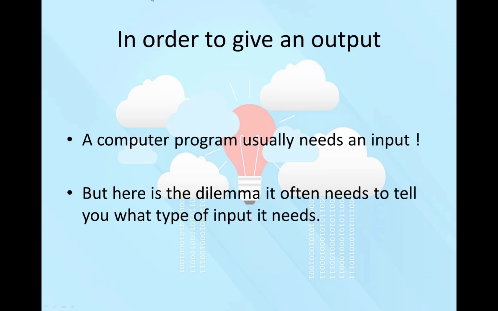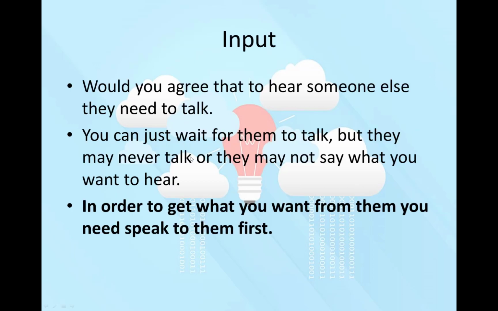In order to give an output, though, a computer program usually needs an input. But here's a bit of a dilemma. It often needs to tell you what type of input it needs. We'll go into that a little bit more, but I want you to think about that. Would you agree that to hear someone else they need to talk?